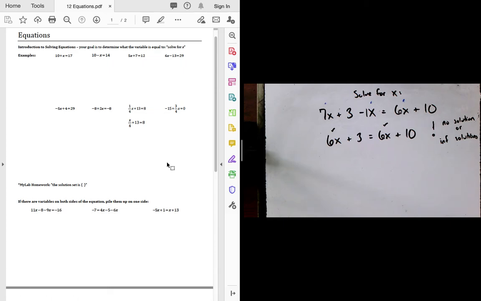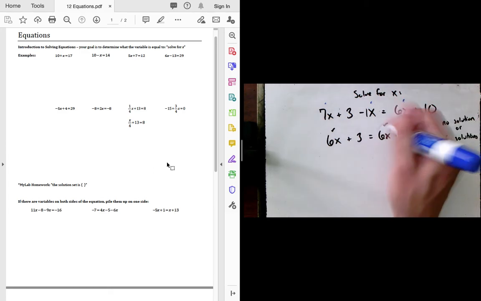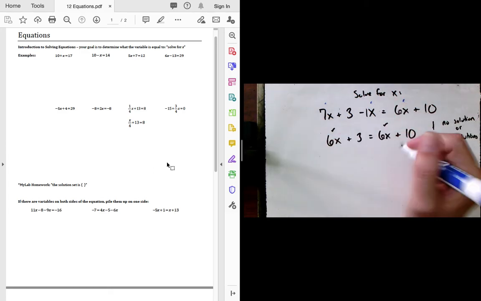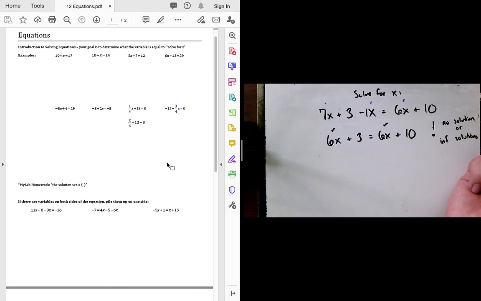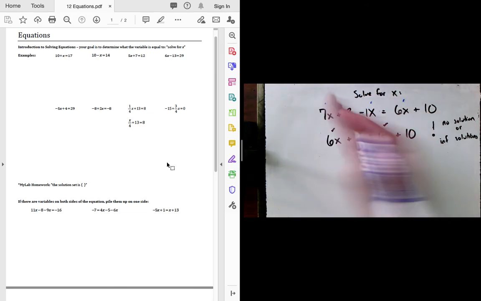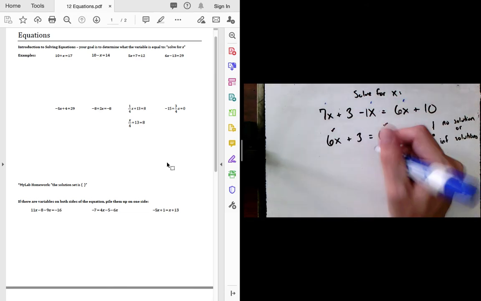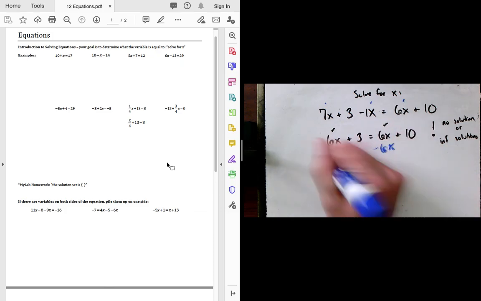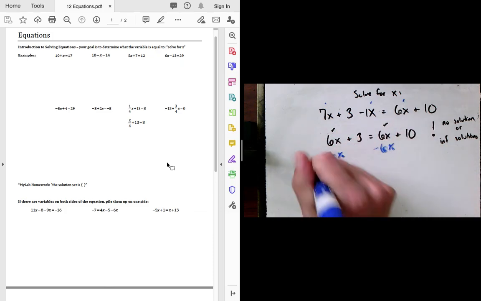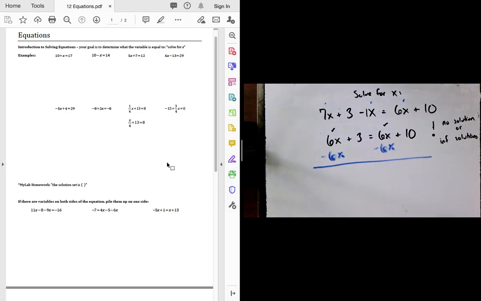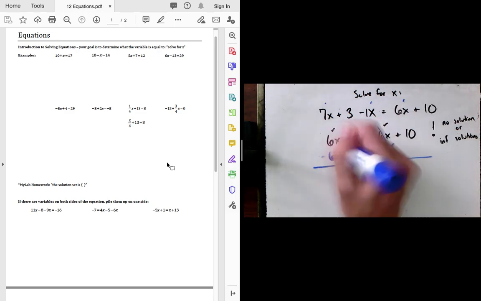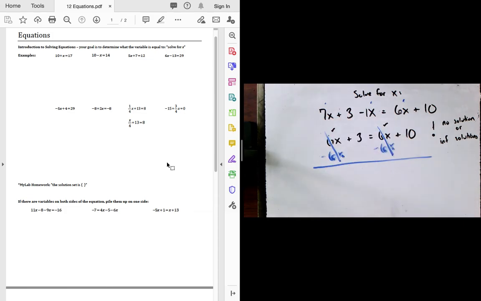I'm going to imagine I wanted to move this 6x to the other side, which is normally what we do when we solve equations. Get all of our x's to the left and our numbers to the right. To do that, I would have to subtract 6x from both sides. In the process of doing that, though, I get rid of the x's that are on the right-hand side and accidentally get rid of the x's on the left-hand side as well. All of my x's canceled out.